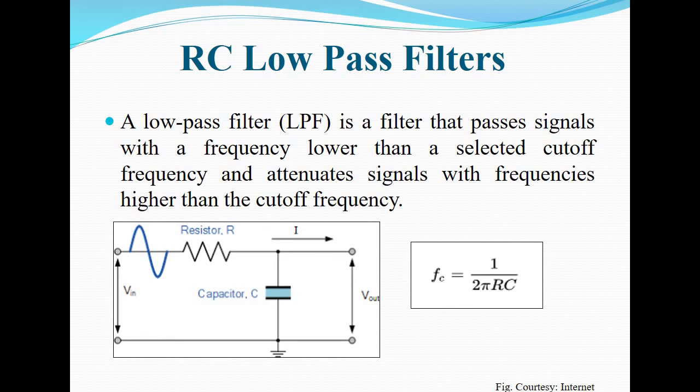Now we have seen that filtering is the process of attenuating unwanted components. Attenuating means removing unwanted components of a measurement while permitting the desired component to pass.